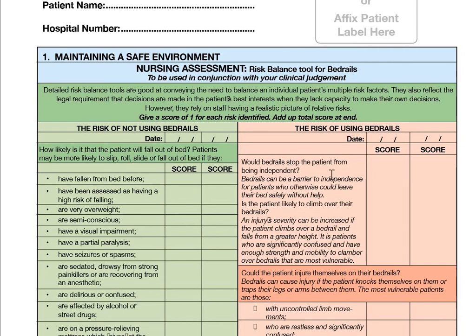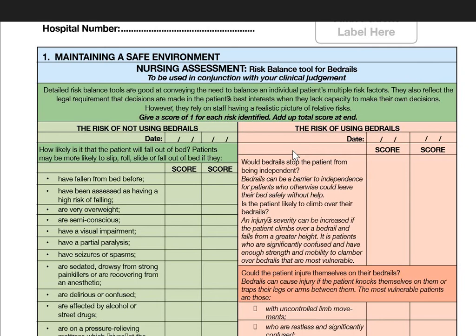Okay, so I suppose the issue with bed rails is that they may pose more of a danger to the patient than not using bed rails. Some patients may be very confused and agitated and may attempt to climb out over the bed rail and end up causing greater injury to themselves than if they had just fallen directly out of the bed, for example.